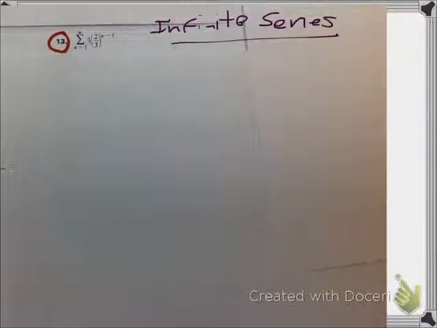When it's asking for the infinite geometric series, we're going to have to use this. So make a note here: infinite. For the infinite series, this is the formula you're supposed to use: S sub n equals a sub 1 over 1 minus r.